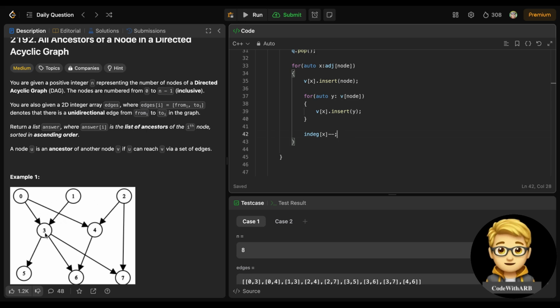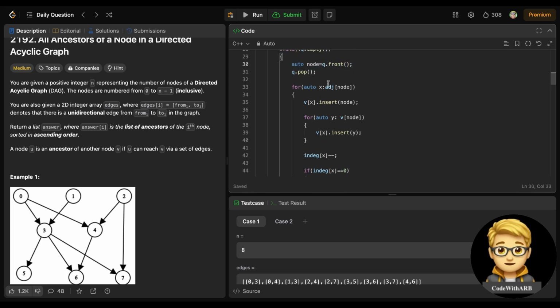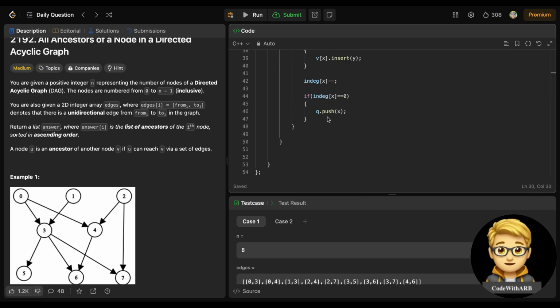So 3's edge is removed, so this in degree will also reduce. So I have decreased the in degree. Now I will check whether this in degree of x is 0 or not. If it is 0, then I will include it in my queue data structure to make further operations on this node when it comes to here, right? So that's how this is working here.